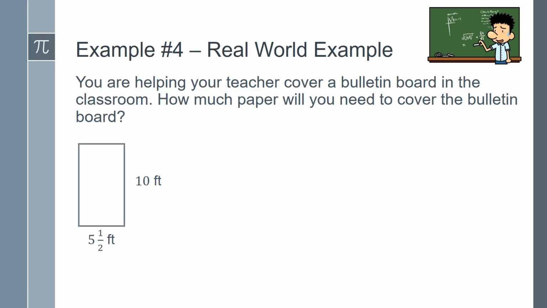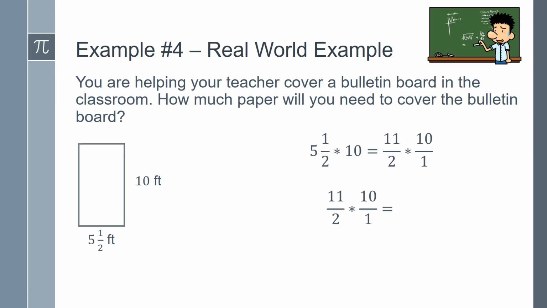Our first step will be to change 5.5 feet into an improper fraction. So 5.5 times 10 becomes 11 halves times 10 over 1. Next, we will need to cross-reduce. 11 and 1 don't have any common factors other than 1, but 10 and 2 have 2 in common.